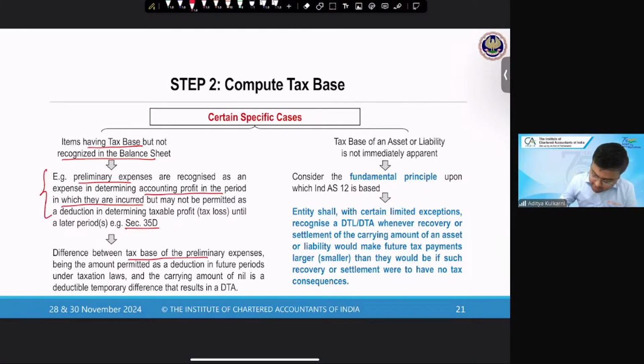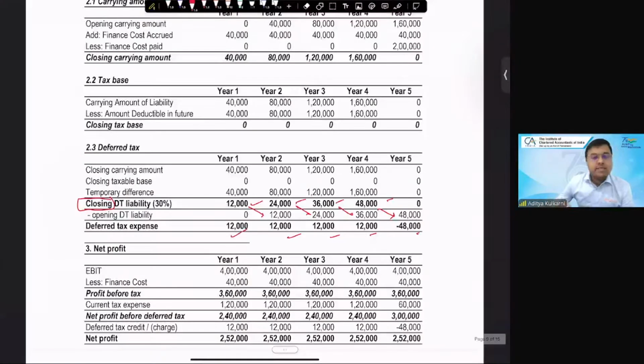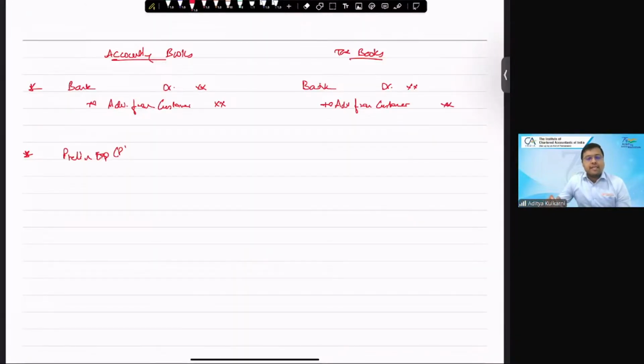Preliminary expenses hit the P&L straight away. Let us give an amount, 1,000 to bank. Now, this has gone to the P&L. Is there any carrying amount for this? Answer is no. Therefore, carrying amount equals 0.